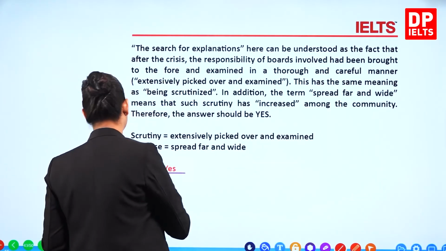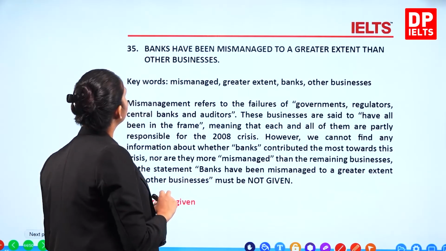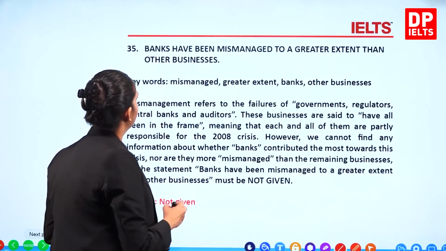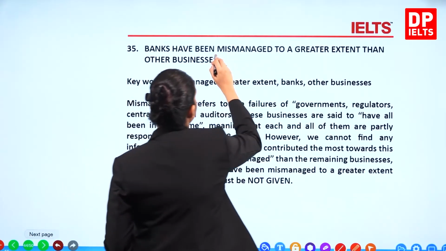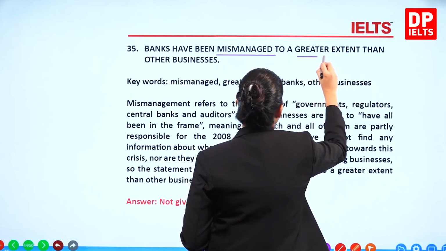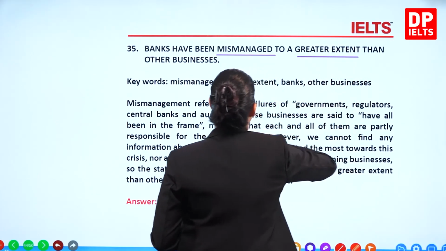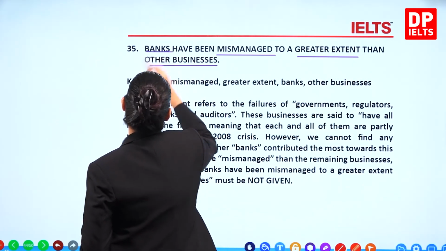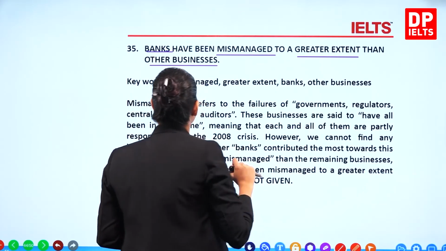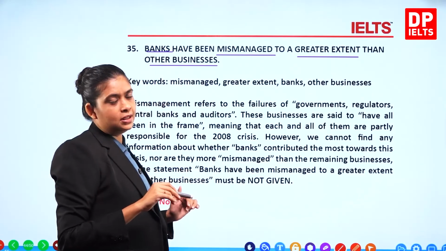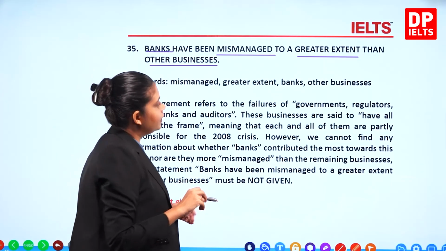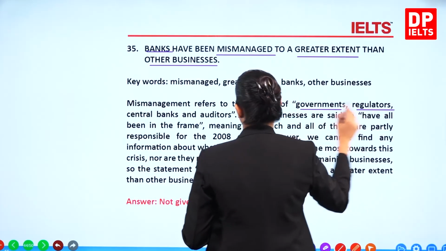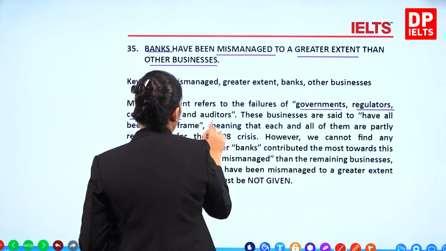So yes. 35. Banks have mismanaged to a greater extent than other businesses. We have to take banks as well, right? Mismanagement refers to the failures of governments, regulators, central banks, and auditors.